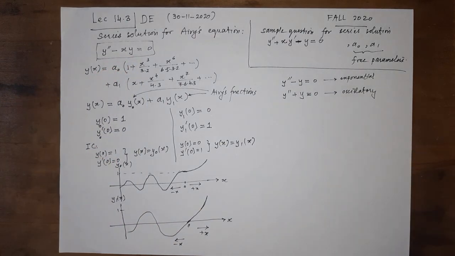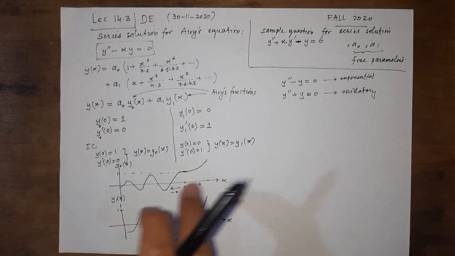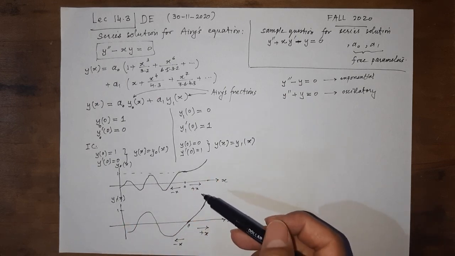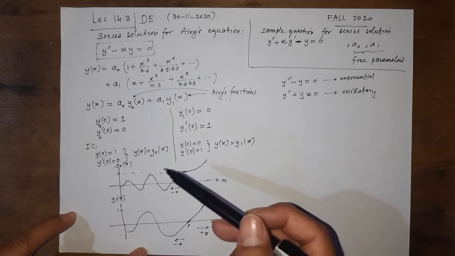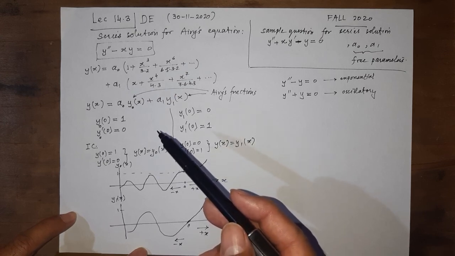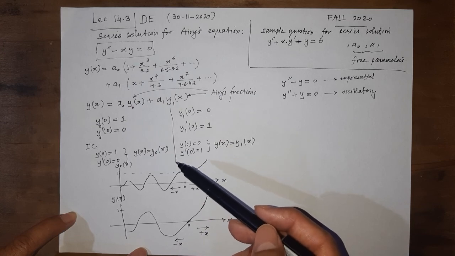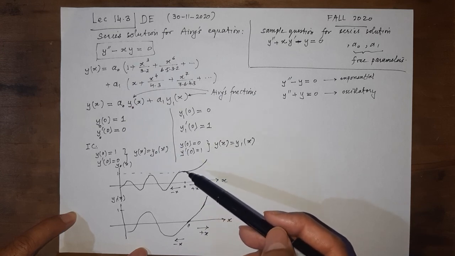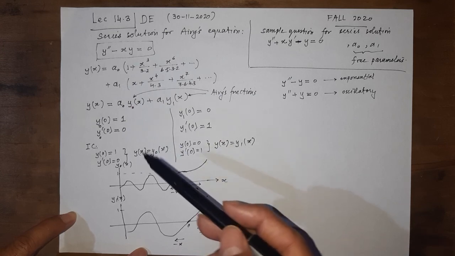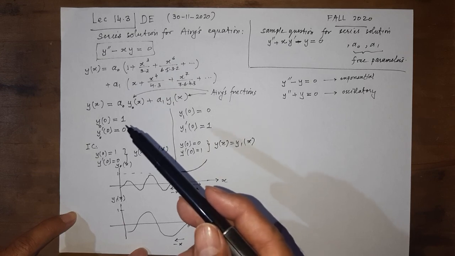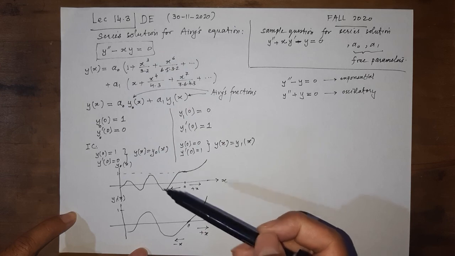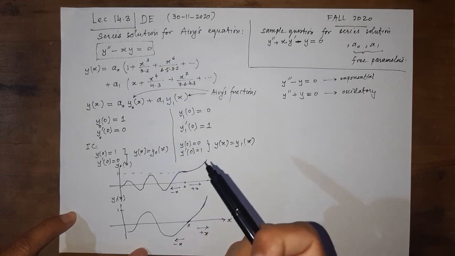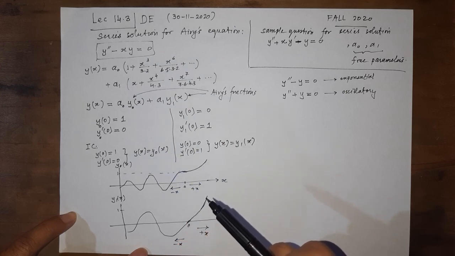So this is just a little commentary on these Airy's functions, and also on the importance of understanding or knowing the behavior of something just by inspection. If we cannot completely comprehend something, we can at least deduce or get some observation about that thing.